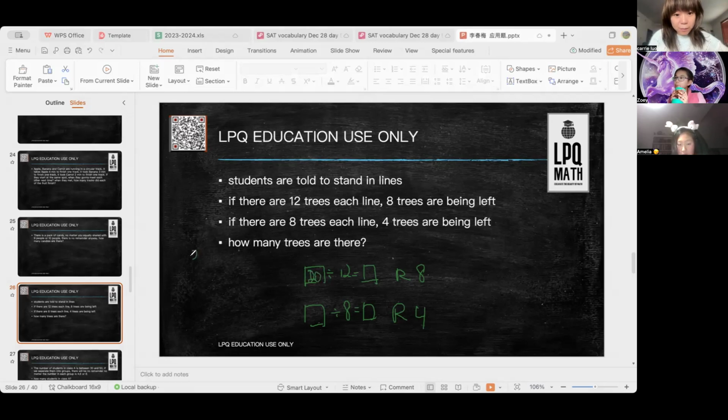So this number must be 20, 32, 44, 56, etc. Correct? Okay, you can easily just divide it by 8. 20 divided by 8 equals 2 with remainder 4. We're done. Correct?